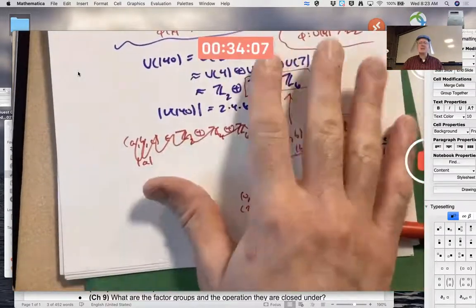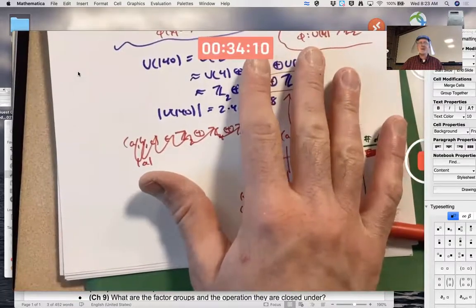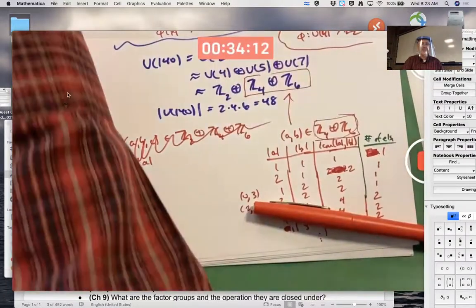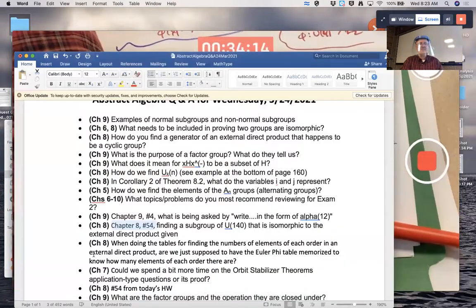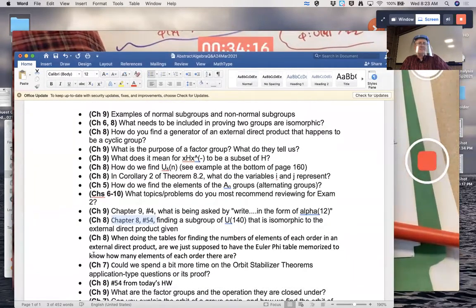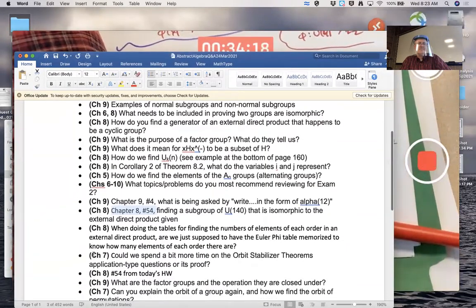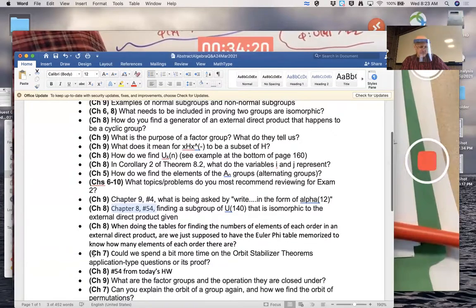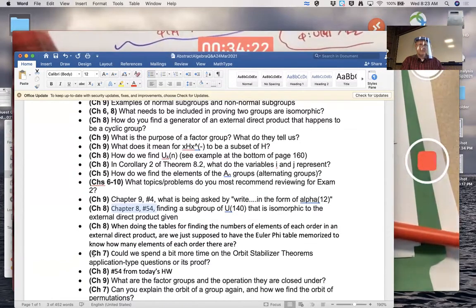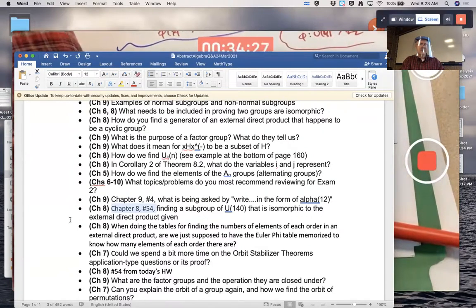Let's continue dwelling on this a little bit, because there were some other questions related to external direct products. How do you find a generator of an external direct product that happens to be a cyclic group?